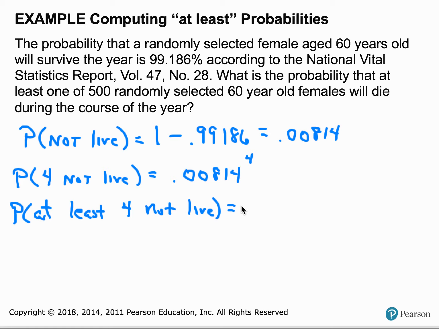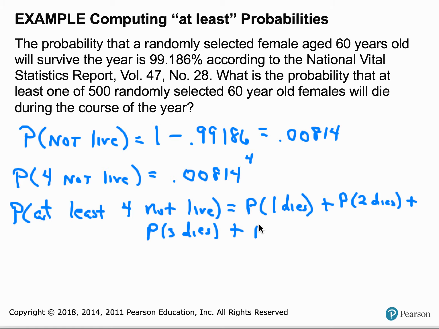Okay, so one thing we could do with this is say, we would find the probability that 1 dies and add the probability that 2 dies and add the probability that 3 dies and add the probability that 4 dies, right?